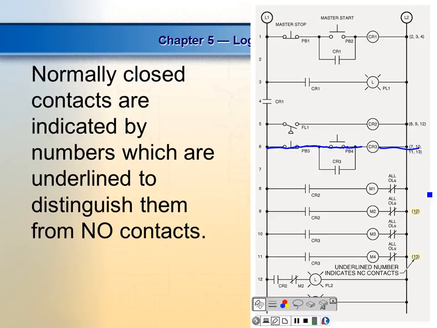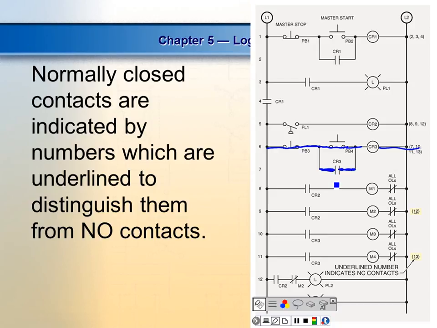Now I ask you a question. Why is the other line number 7 under line number 6? We just got through talking: every horizontal line gets a number. It does not have to go to L1 and it does not have to go to L2. So when I look right here, what do I see? Is this vertical or horizontal? Okay, so that gets a line number.